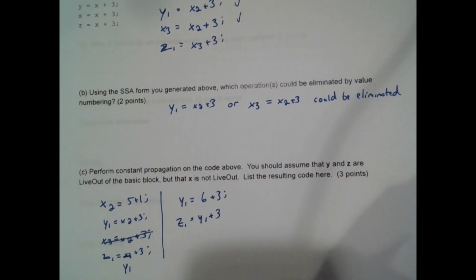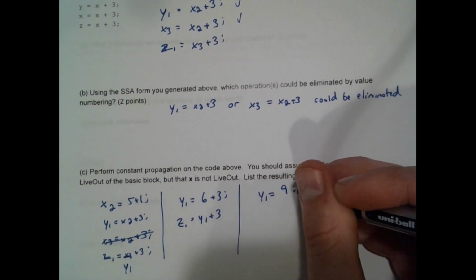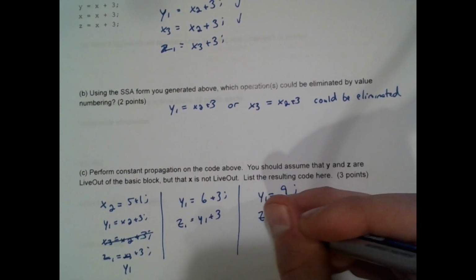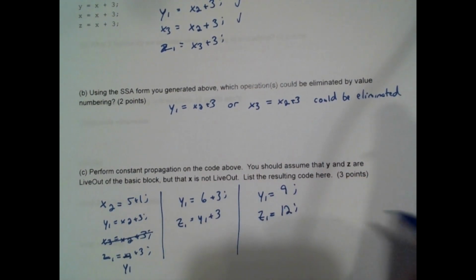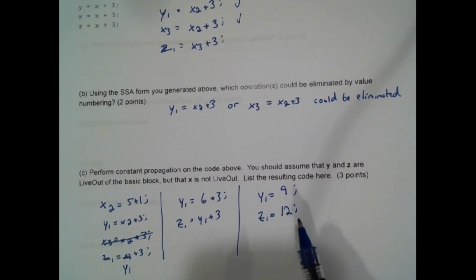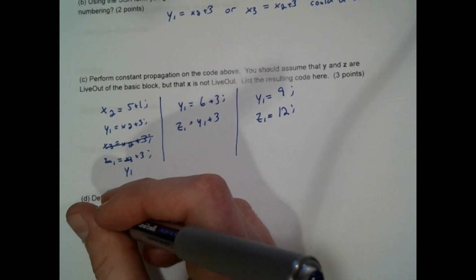And then at that point, we've got y1 equals 9, and z1 equals, well, y1 plus 3, so 9 plus 3, 12. And we do have to keep these two values. We don't want to eliminate these entirely because we are saying that those are live out, so we need those values somewhere else.